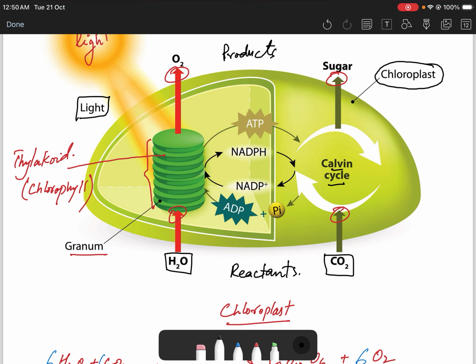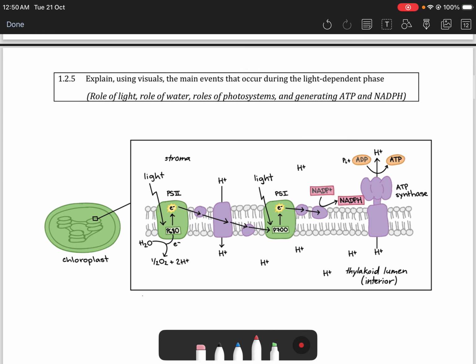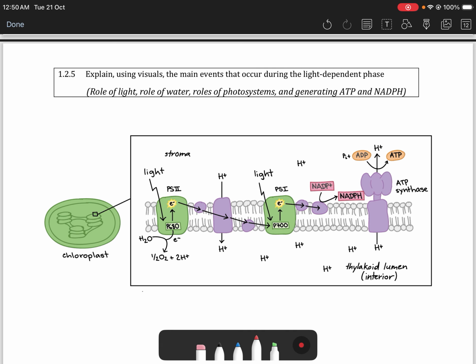The liquid inside, where the Calvin cycle takes place, is called stroma. The light dependent reaction produces two major products which are ATP and NADPH, while the Calvin cycle produces the reactants for the light reaction.